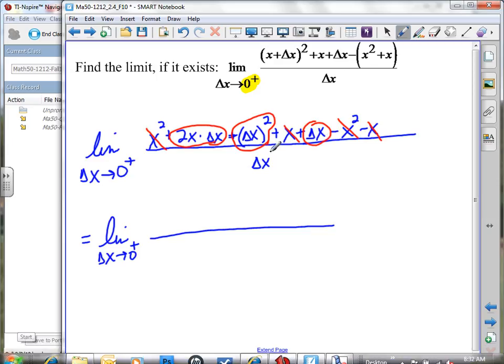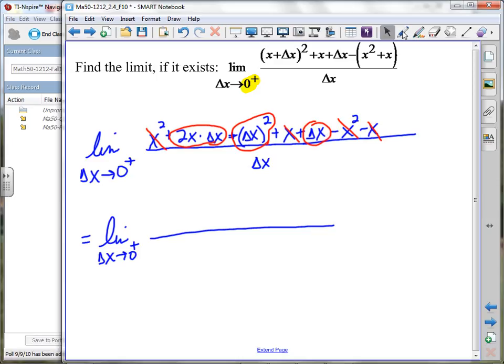Why? Why do we need to be able to do that? And I couldn't otherwise. Absolutely. Okay. So there's a purpose for needing to be able to cancel all of the terms that do not have a delta x in them. The delta x is the reason why we cannot use direct substitution. We went over this before, but it always bears repeating, it seems.